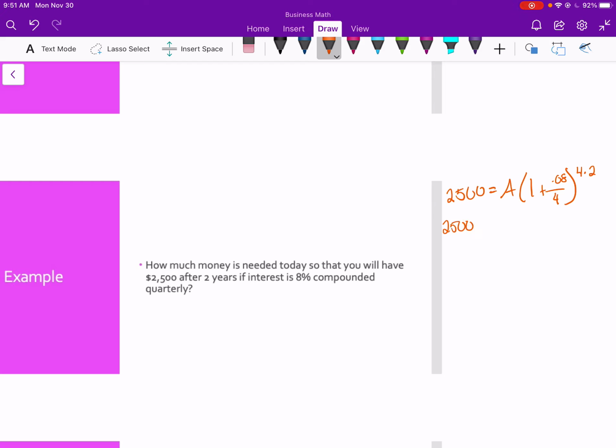So 2,500 is equal to A times 1.171659. And then we can divide to get $2,133.73 for our principal. So that means we need this amount of money now if we want $2,500 after 2 years.